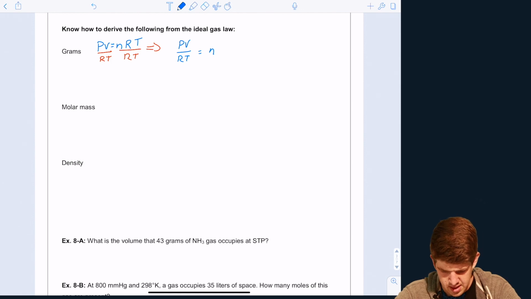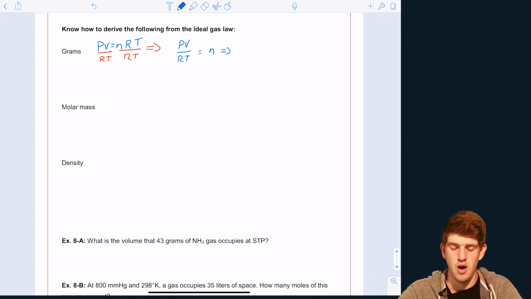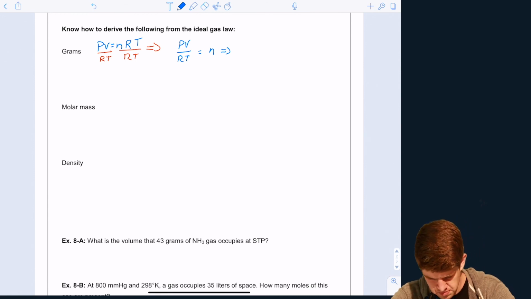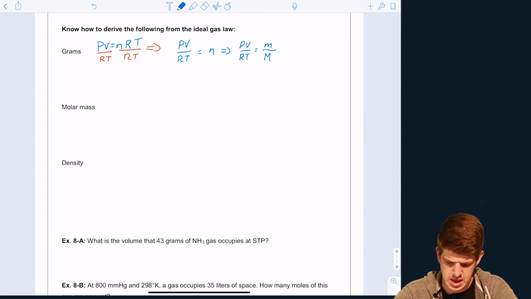Now, n is equal to the mass over molar mass. So PV over RT is equal to lowercase m for mass over capital M for molar mass.